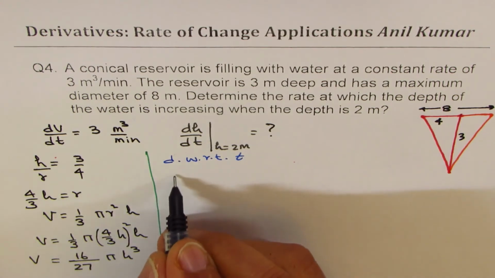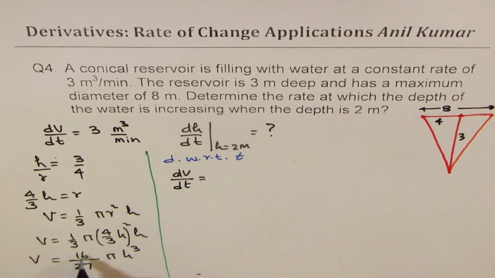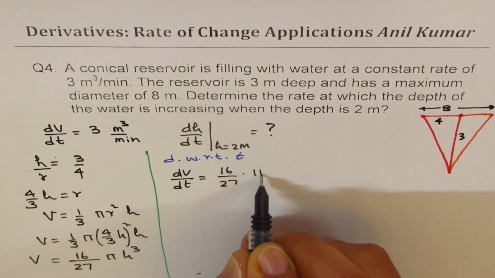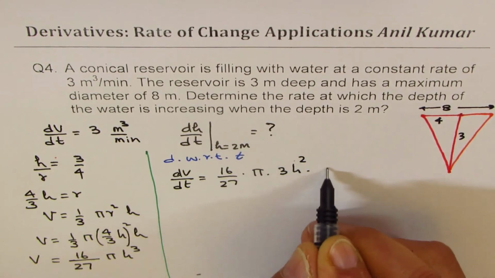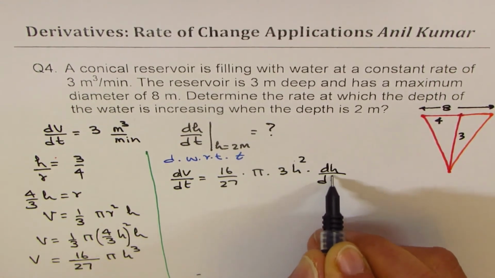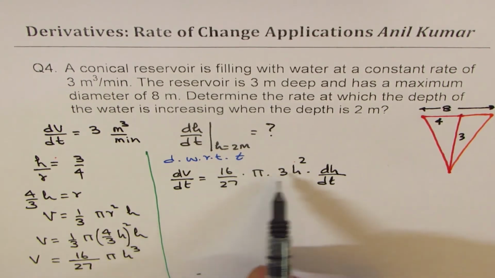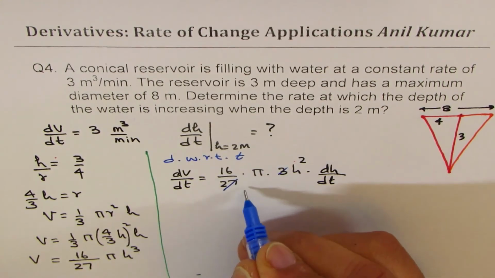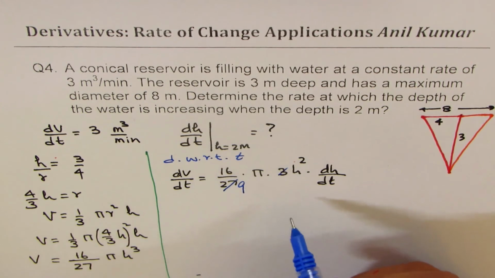So we get dV/dt equals 16 over 27 times pi times 3h squared dh/dt, right? Don't forget this part. This is what you need to find. You can simplify this at this stage. That goes 9 times. And then rearrange.